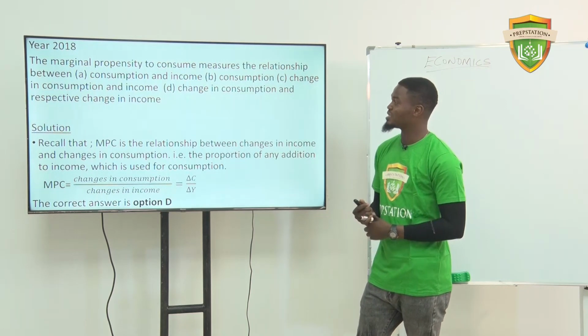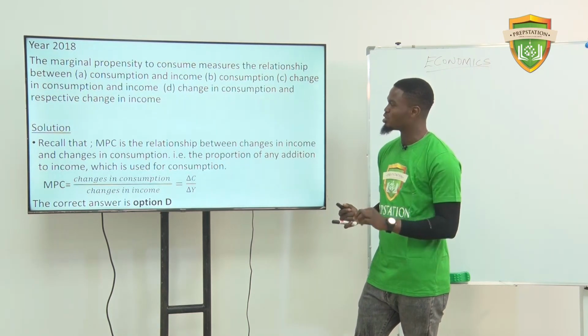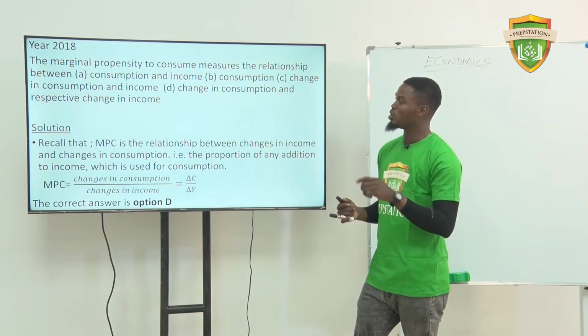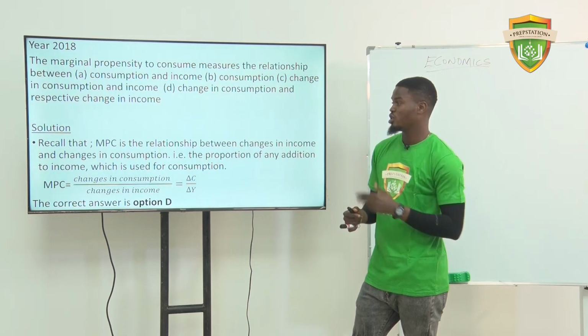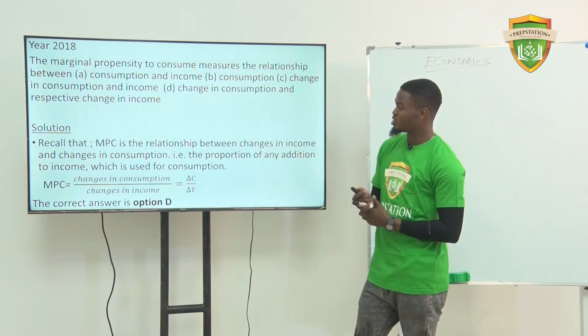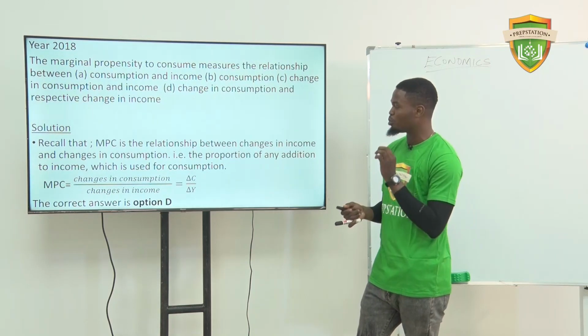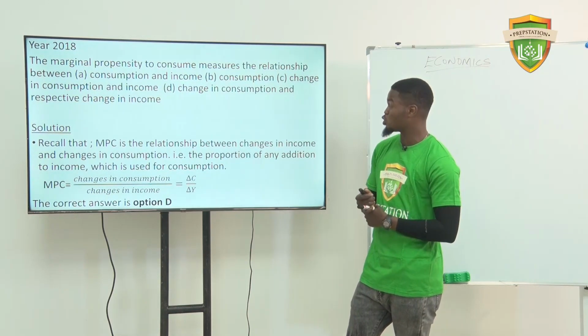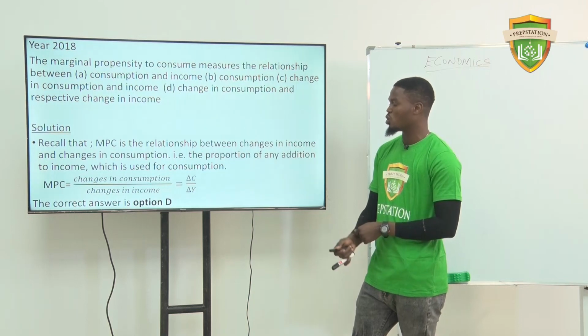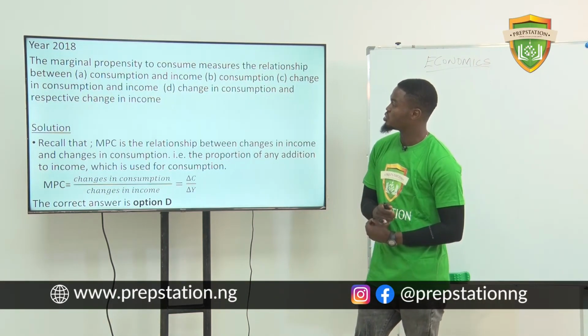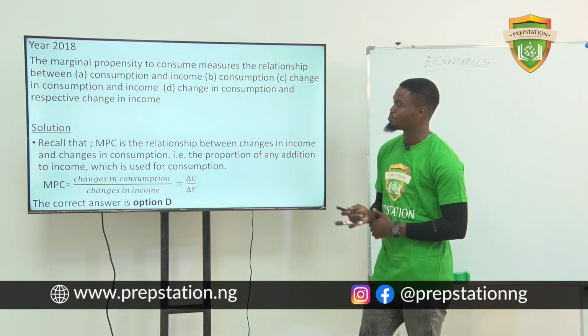So the appropriate answer is change in consumption and respective change in income, because the income has to change in order for the consumption to change. So recall that MPC is the relationship between changes in income and changes in consumption. That is that portion of any addition to income which is used for consumption. So the correct option to this question is option D.